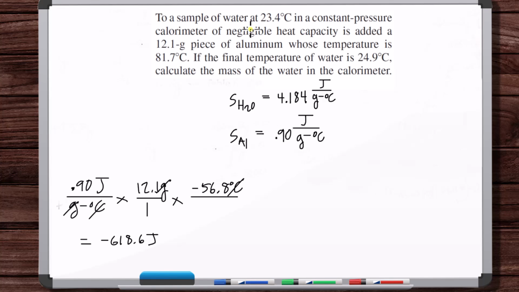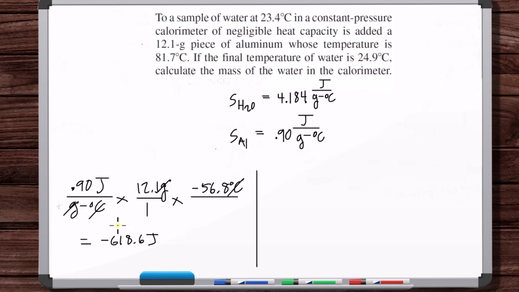For a general heat transfer or calorimetry problem like this, unless they clearly state otherwise, everything in the end, the calorimeter and the component you're studying, come into thermal equilibrium. So if the final temperature of the water is 24.9, that's going to be the final temperature of the aluminum as well.